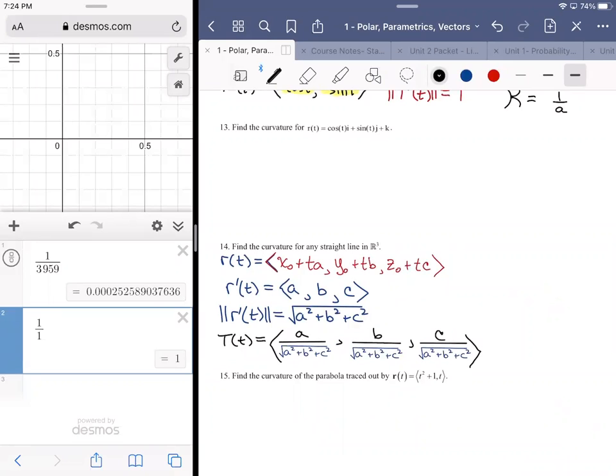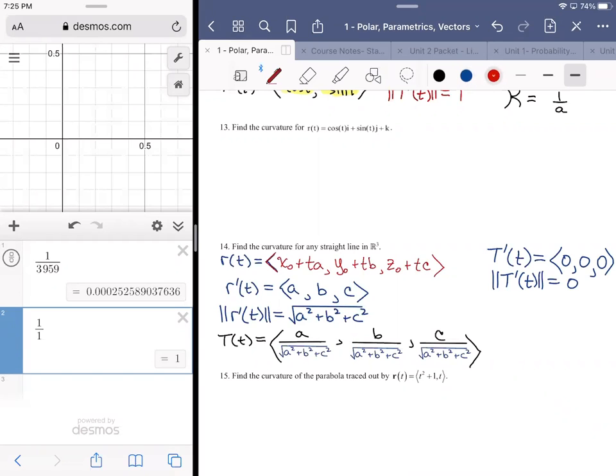Now, your reaction might be, dang, I got to take the derivative of this. But then if you look closely enough, you realize, hopefully, there's no t's on the right-hand side, no t's whatsoever. That's great. That means everything's constant. So T prime of t is going to be the 0 vector. And the magnitude of T prime of t, the magnitude of the 0 vector, is equal to 0.